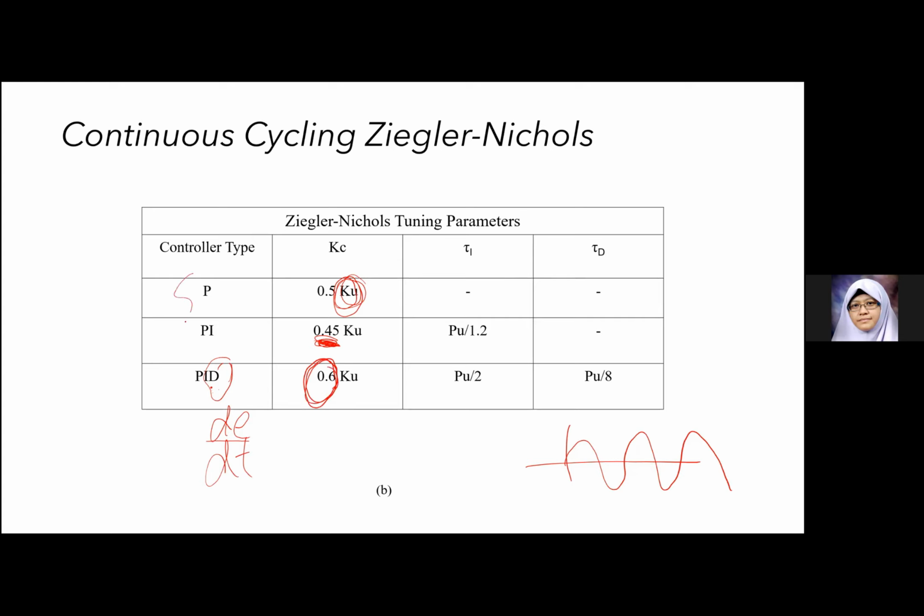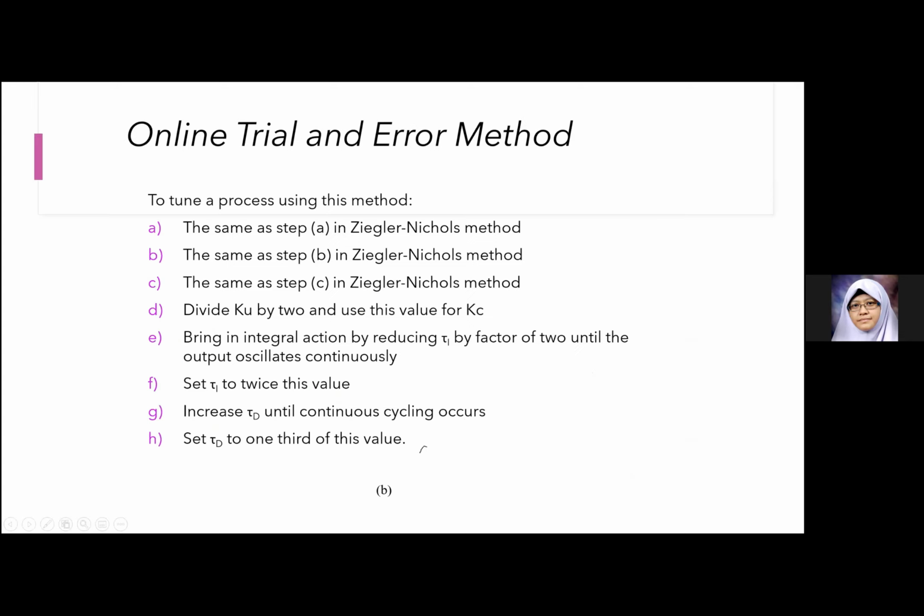So among the 3 controllers, if you follow Ziegler-Nichols, the PID controller would have the biggest Kc value. Okay. Now, Ziegler-Nichols, when it's derived, the criterion is for the response to have a 1/4 decay ratio. So it's quite vigorous for chemical processes. So sometimes we will make it smaller, especially for the fine tuning.